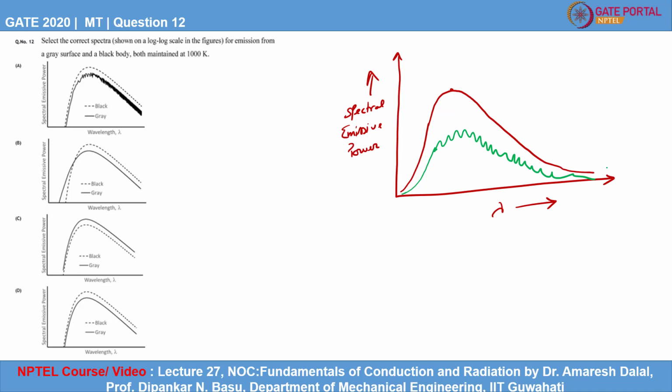So the emission of radiation from a real surface is complex, and it is a function of surface temperature, radiation wavelength, and the direction of emission as well.